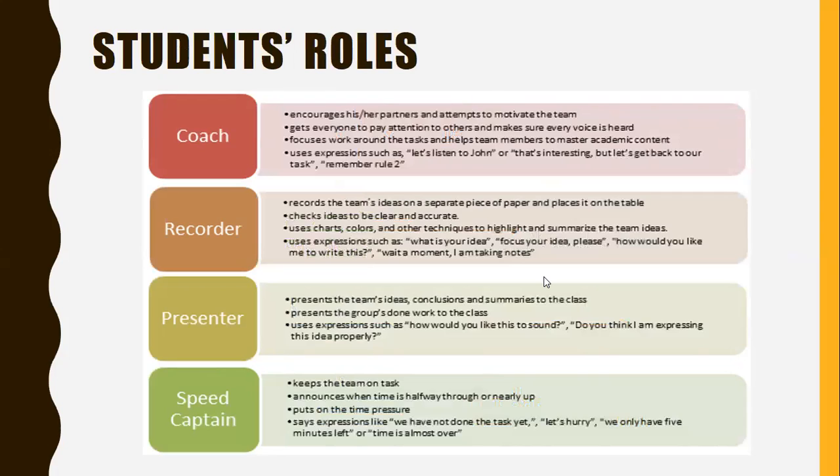You can have different names. For example, here you have the coach, but it could also be the leader or the captain. And you have some examples of the functions these roles have. The coach, in this case, encourages his or her partners and attempts to motivate the team. Gets everyone to pay attention to others and makes sure every voice is heard.